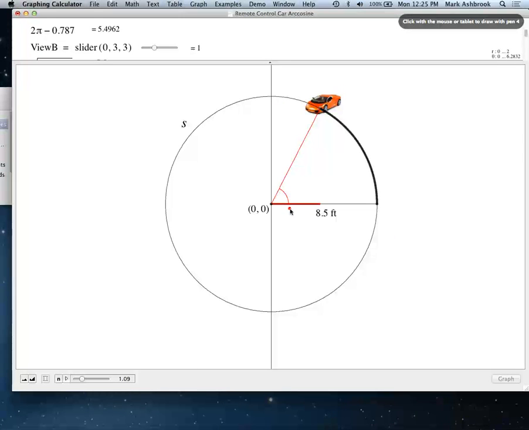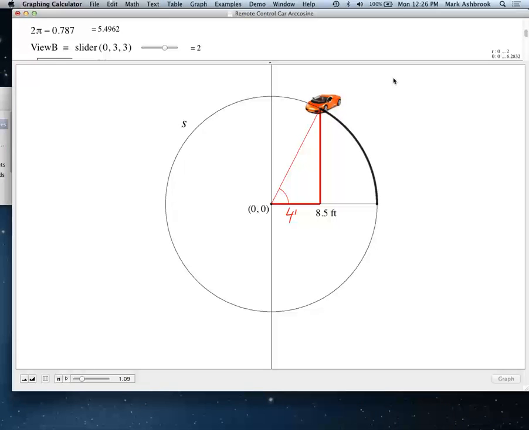So this is 4 feet. Okay, and then I could likewise put the vertical distance above the horizontal diameter right there. What's this distance right here, from the origin to the car?